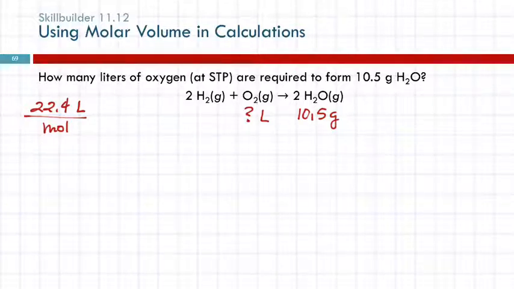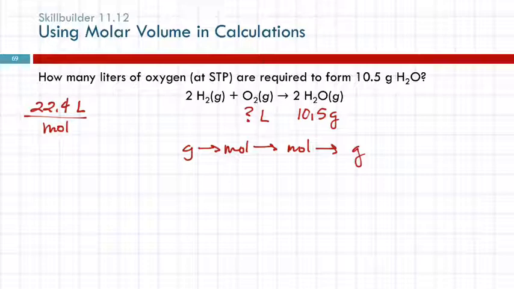So this is stoichiometry. Normally we do grams to moles to moles to grams. Here I've got grams to moles, but then at the end I want liters. So instead of grams, we're going to do liters, but because this is at STP, we can use the molar volume of a gas.